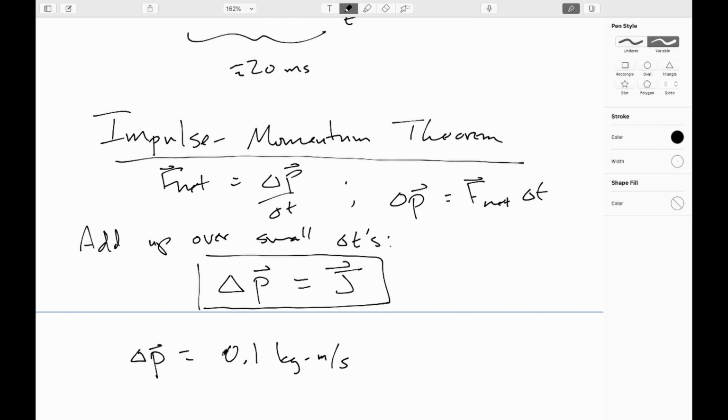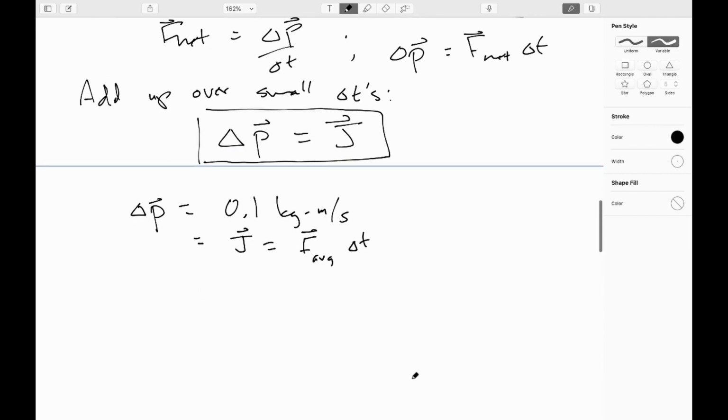So we can say, alrighty then, our change in momentum is equal to the impulse, and the impulse is also equal to the average force times the time.